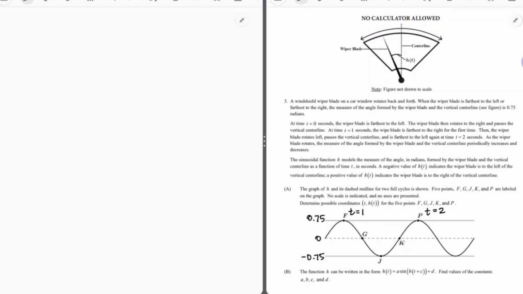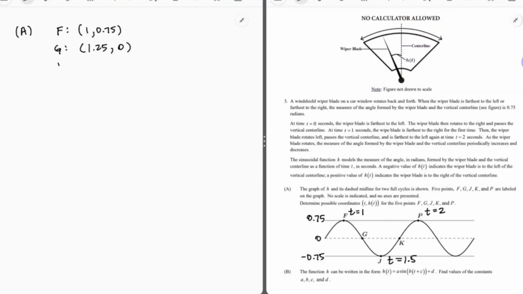Okay, so coordinates of F could be t equals 1, h of t equals 0.75. G is going to be t equals 1.25, h of t equals 0.